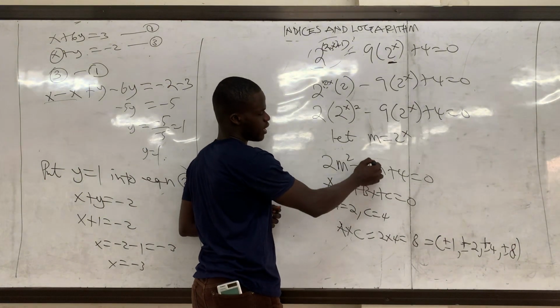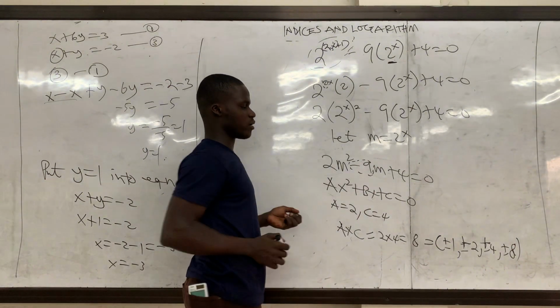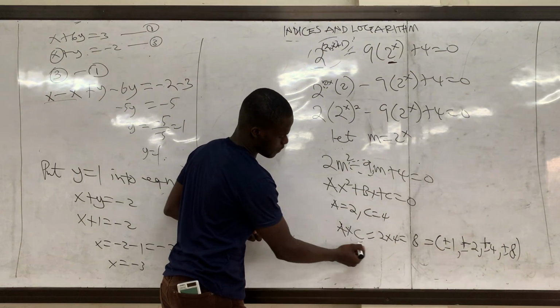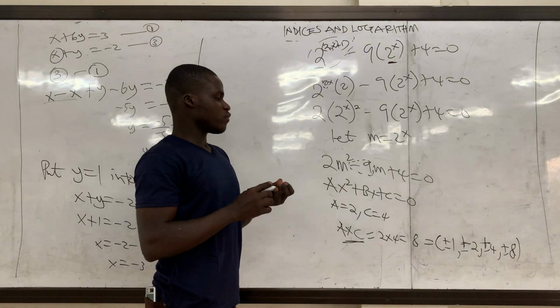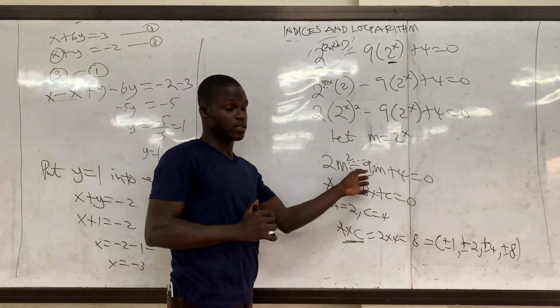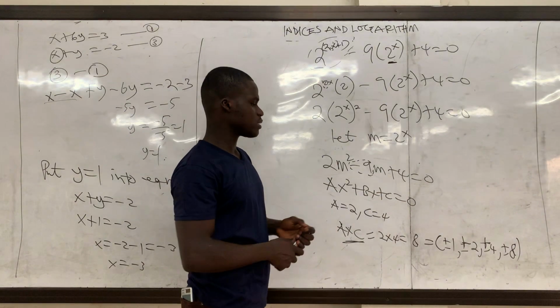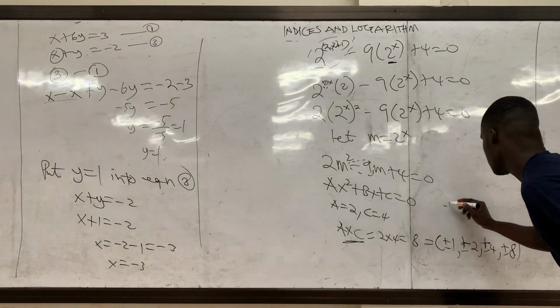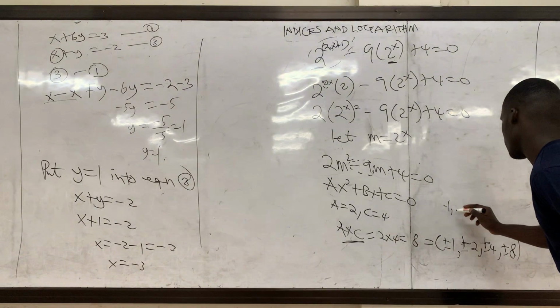When we add them, we should get negative 9, which is b here. But when we multiply them, we should get a times c, which is 8. And then from here, we can see that if we pick negative 1, then negative 8.